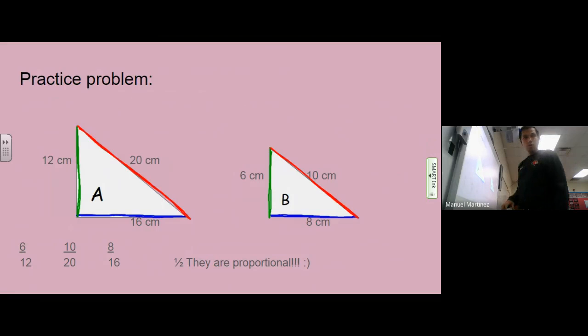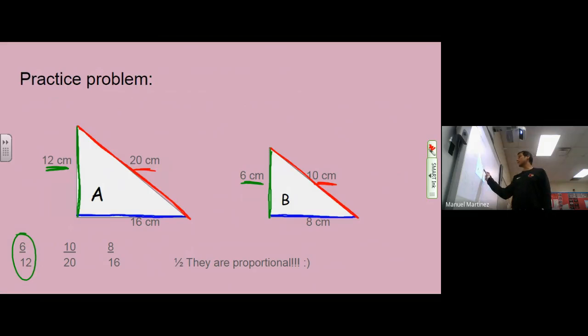So we're going to compare those sides, the corresponding sides. If we begin with, for example, the height, in one of them the height is 6, in the other one the height is 12. So that's why I set up this ratio here, 6 to 12. If I compare the hypotenuse, in this case the hypotenuse is 10, in this case the hypotenuse is 20.